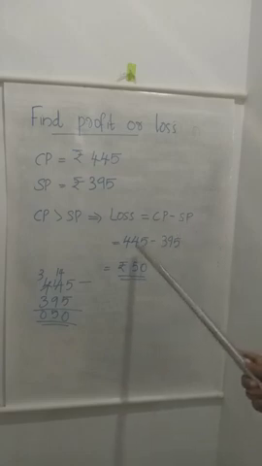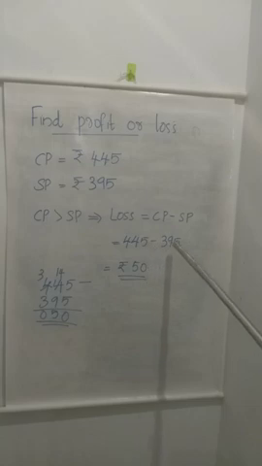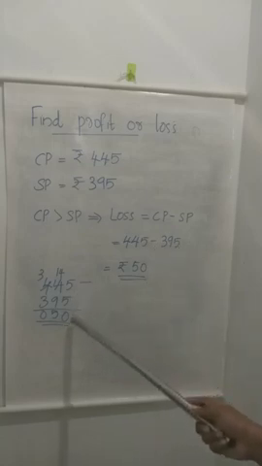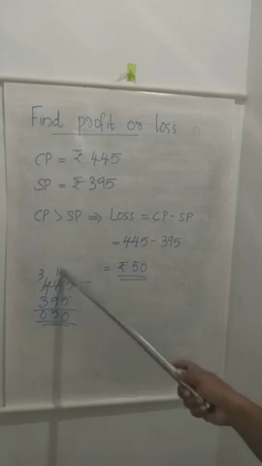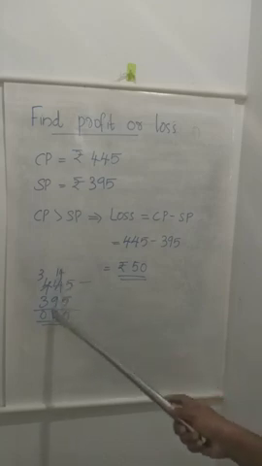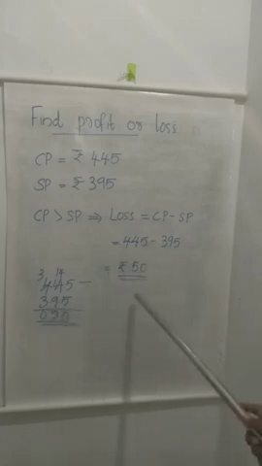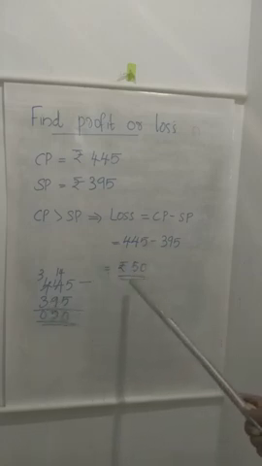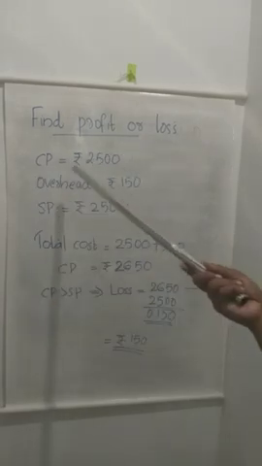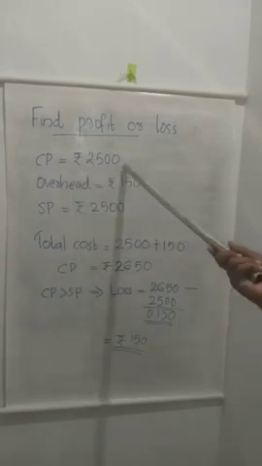What is cost price here? 445 minus 395. Subtracting 5 minus 5, 0. Here after borrowing we have 14. 14 minus 9, 5. 3 minus 3, 0. So how much rupees we have lost? Rupees 50.